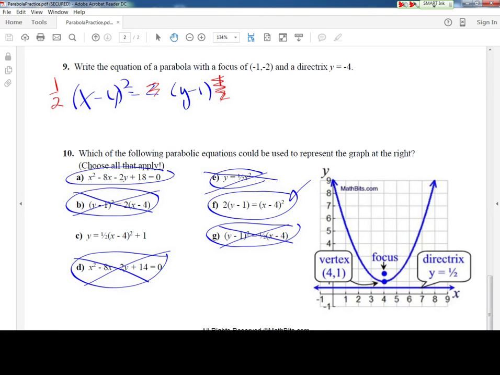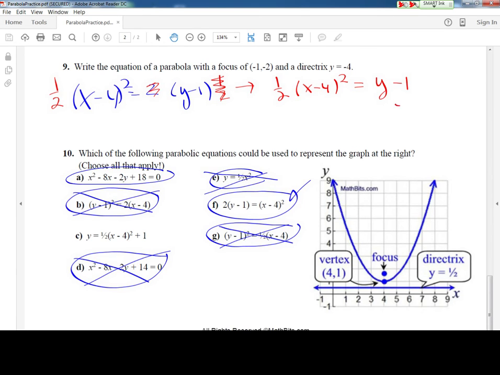That means that I would have 1/2 x minus 4 squared equals y minus 1. Correct? Where's the 1? Well, it's from here, the y minus 1. I just wrote it without the parentheses this time because I'm going to do the math on that one.